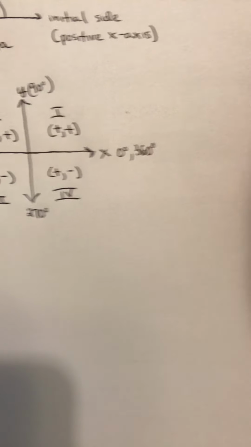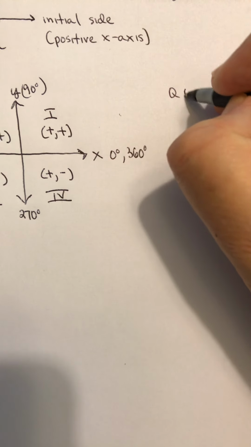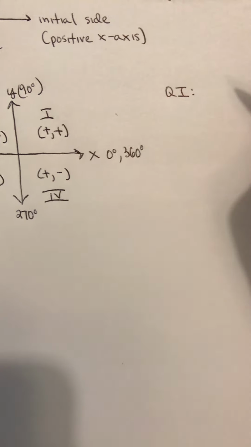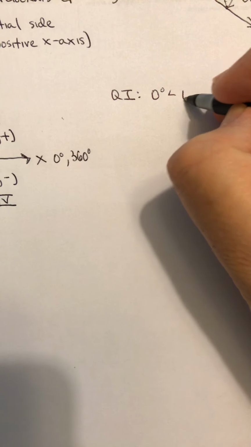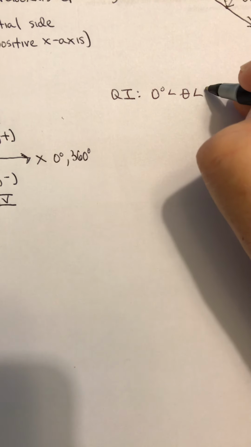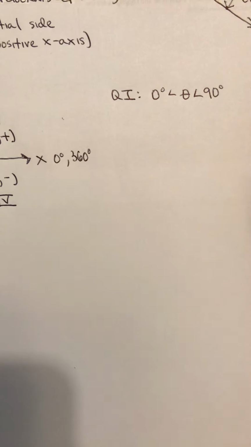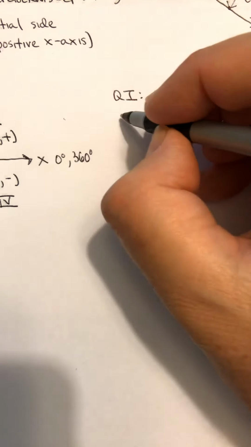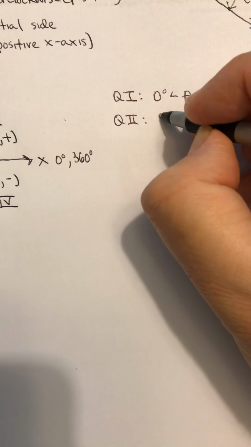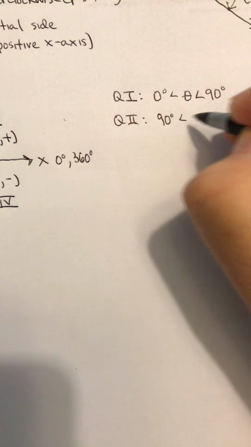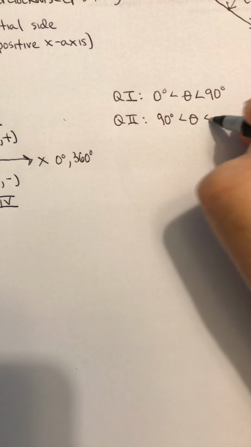All right, so in quadrant 1 then, the angles are between 0 and 90 degrees. Now, quadrant 1 does not include 0 and 90. They're not in the quadrant. Quadrant 2, any angle between 90 and 180 degrees.